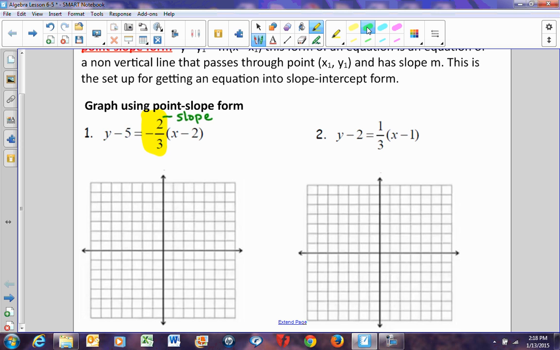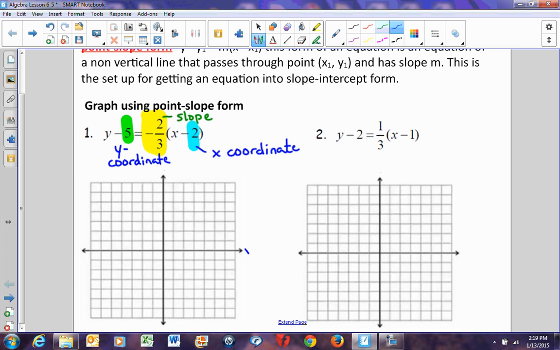This right here is my y-coordinate. And last but not least, this right here is my x-coordinate. Which means this: I have a point and I know the slope, so I can use that point and that slope to write an equation, or to graph my equation.